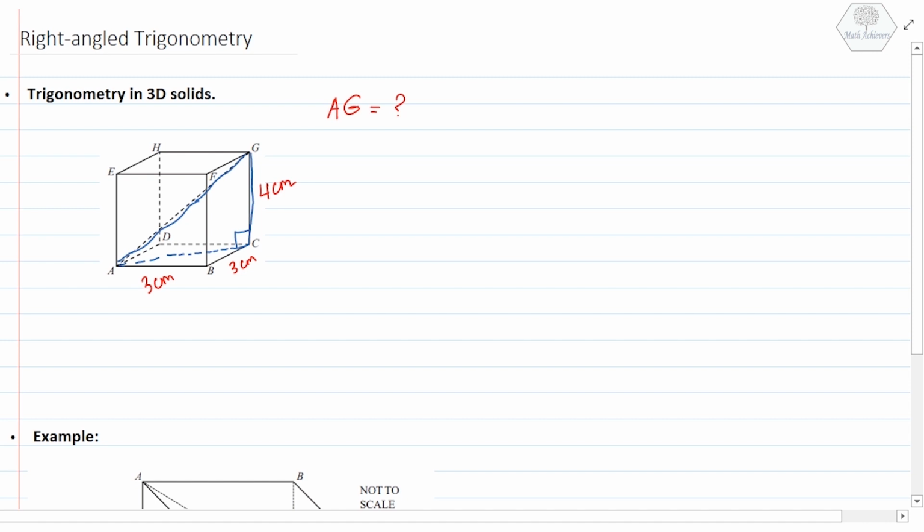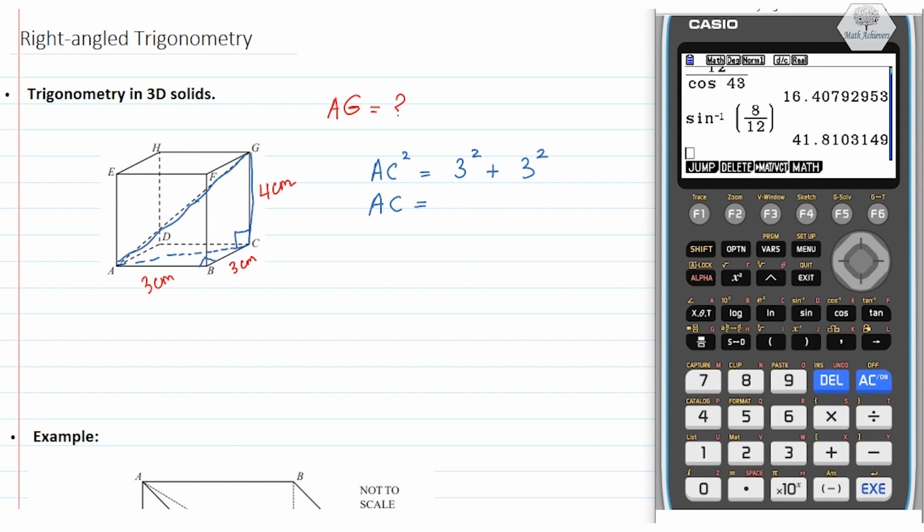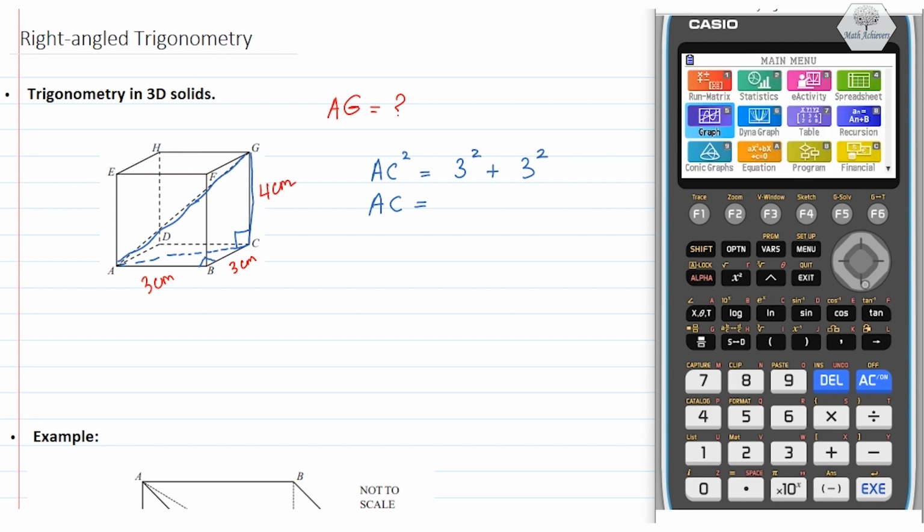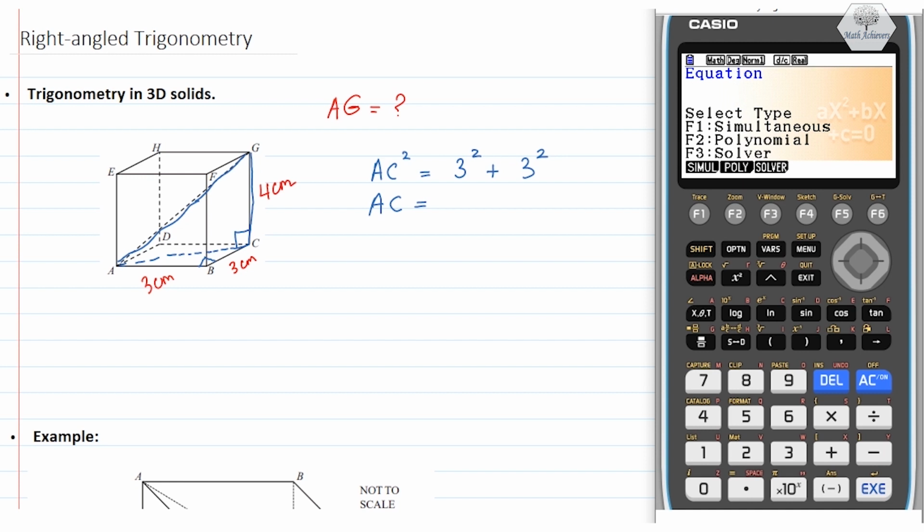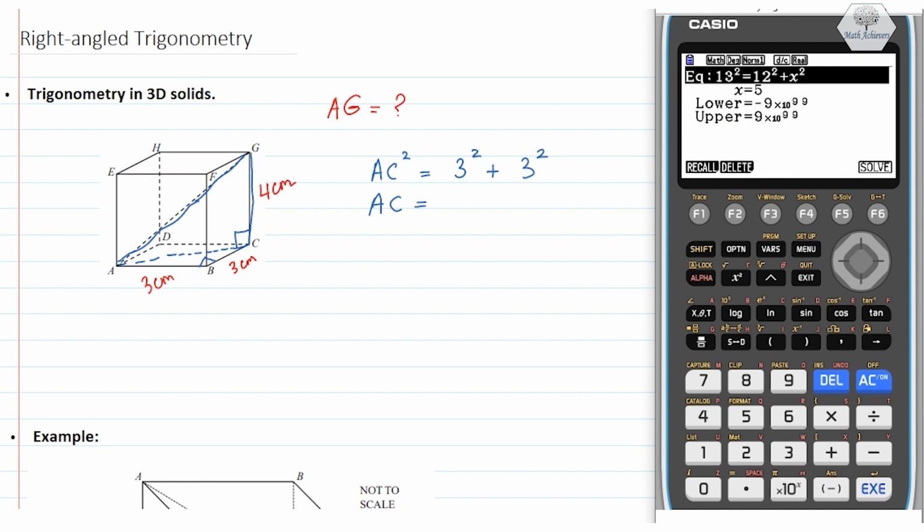So using Pythagoras and knowing this angle is 90 as well, AC squared is equal to AB squared, which is 3 squared, plus BC squared, which is 3 squared. In order to find AC, I can use the solver on the graphical display calculator. We go to menu, I go to equation, and I go to F3, which is the solver.